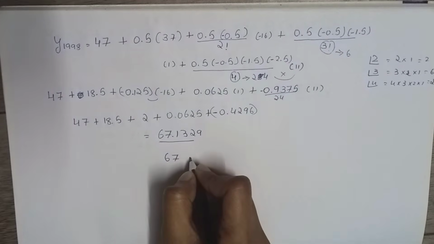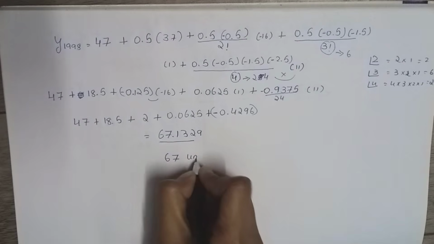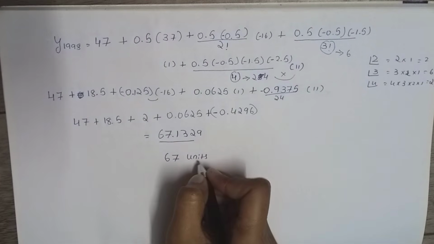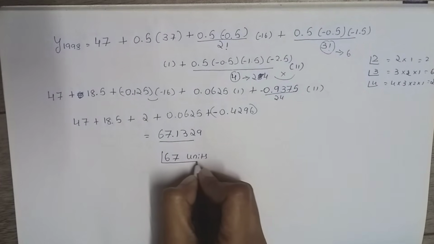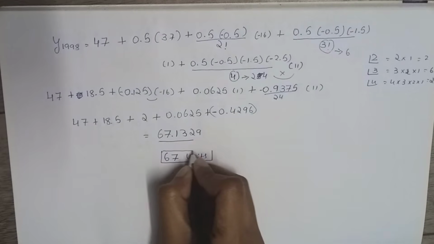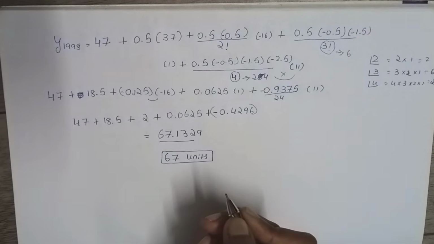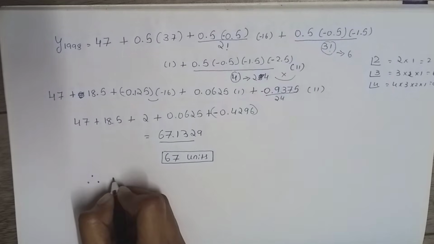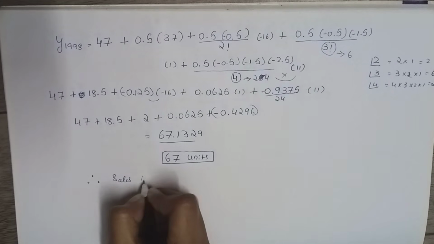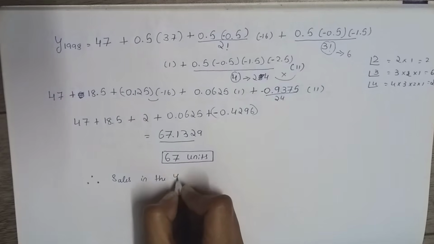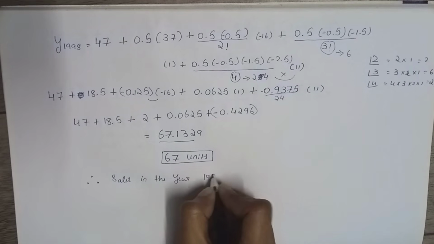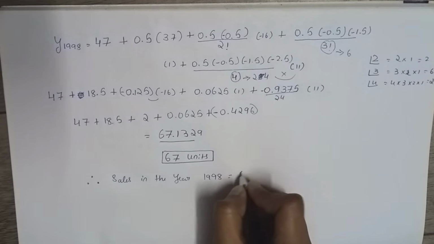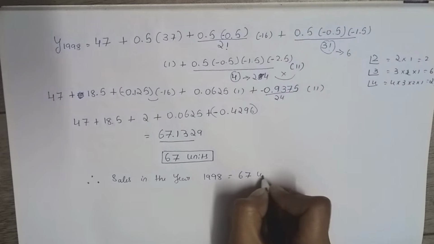So the final answer is 67 units. As asked in the question, to find y for 1998, we'll write it here. Therefore, sales in the year 1998 is 67 units.